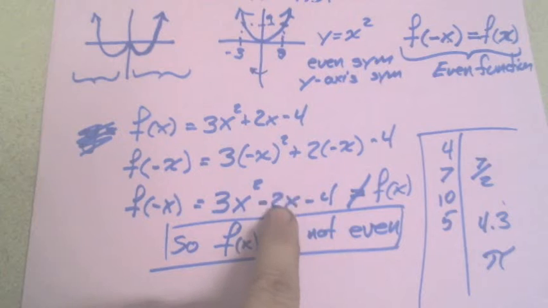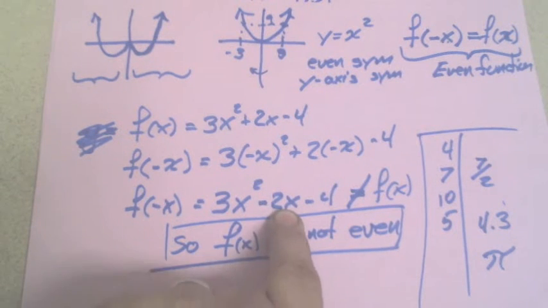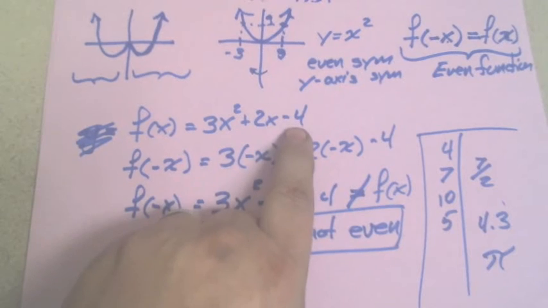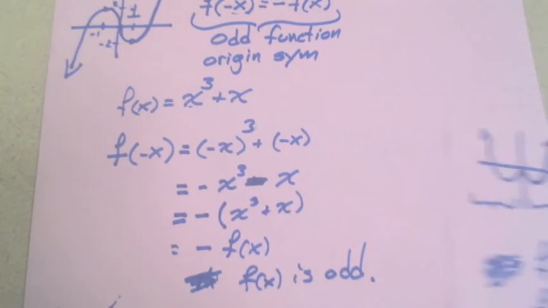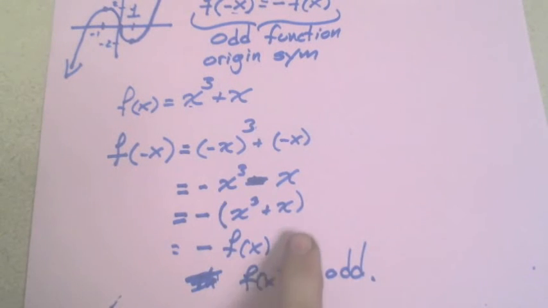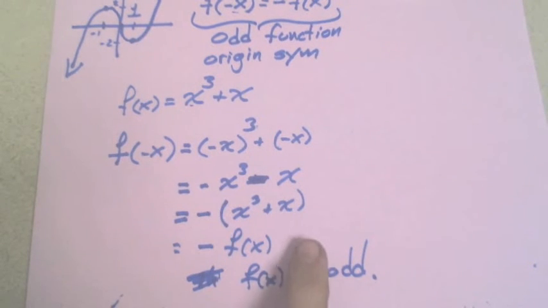Remember that negative 2x squared is what didn't work. So people often associate, oh, even means your powers are all even. Odd means your powers are all odd. But you've got to be a little careful. You have to think of your constant as an even term. So if we'd had, for example, put a plus 2 on this, it wouldn't have worked. We'd have had a plus 2 here, it would have turned into a minus 2, and it wouldn't have matched.